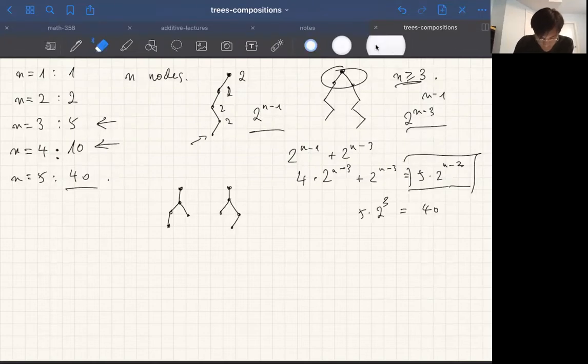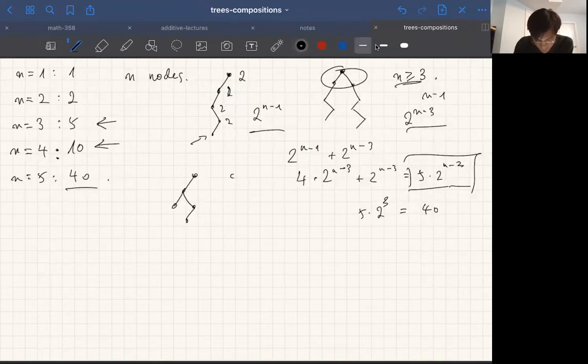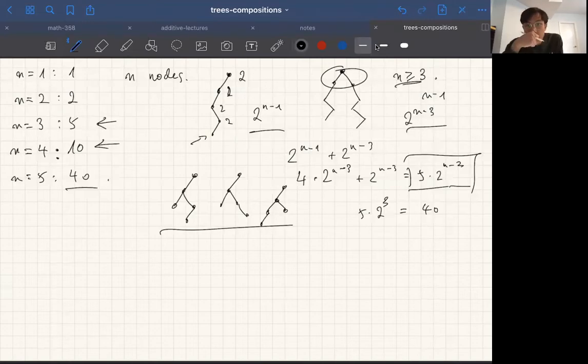Oh my god, there's lots. So that's 1, and 1, 2, 3, 4, 5, and you could literally just do this. This one, that's 3 already. So 40 is not the right number there. So where did we make a mistake?